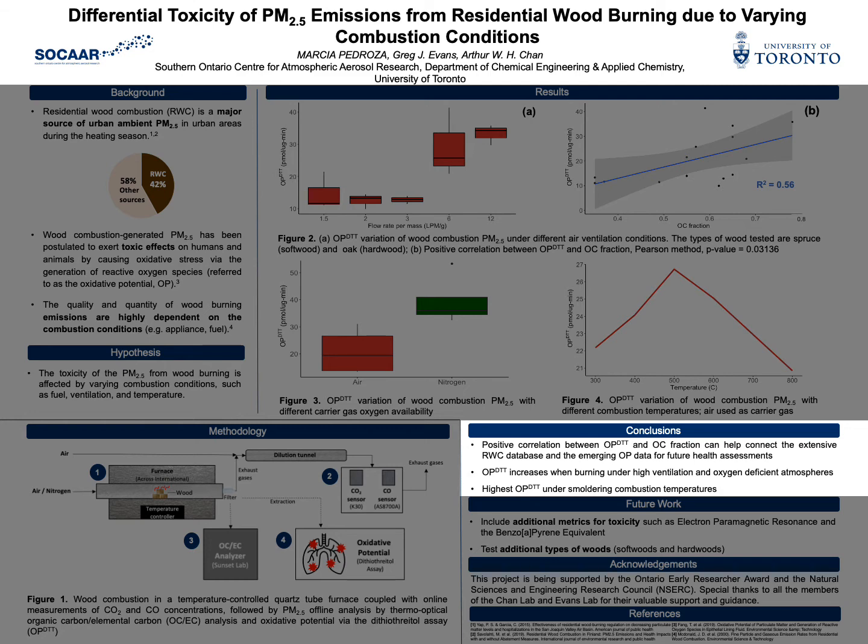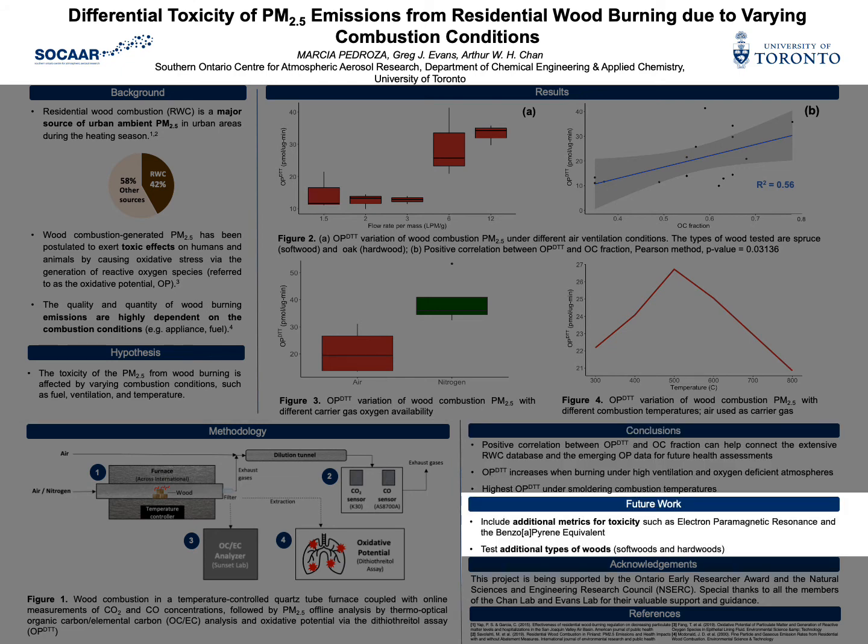Secondly, we observed that the OPDTT increased when the wood was burned under oxygen-deficient atmospheres and also when the ventilation was too high and might have decreased the effective combustion temperature. Lastly, the highest OPDTT that we observed with varying temperatures corresponds to smoldering fire temperature, and the lowest one corresponds to flaming fire temperature.